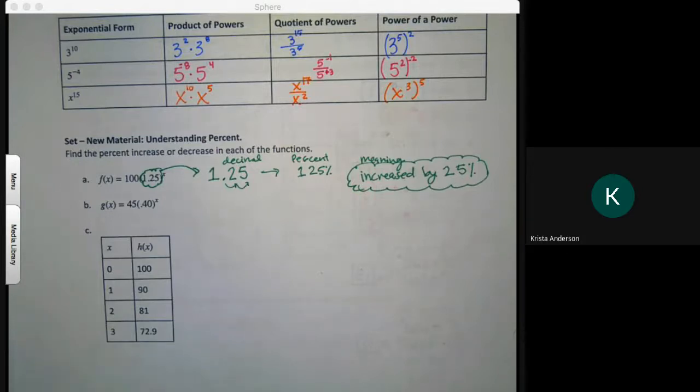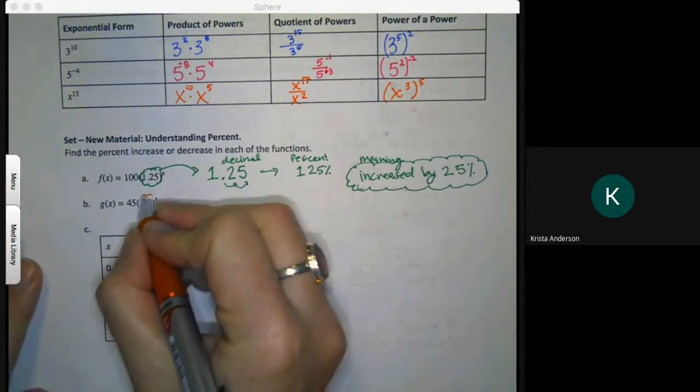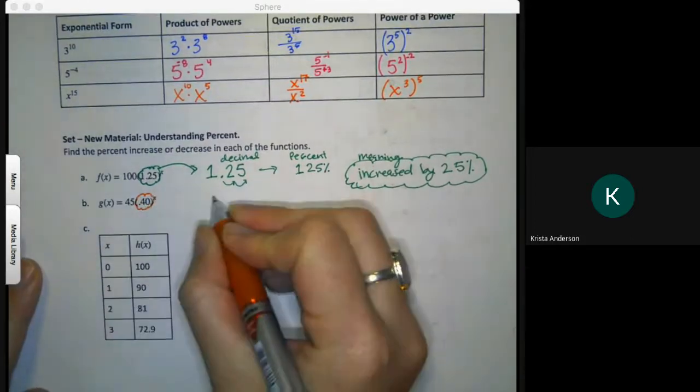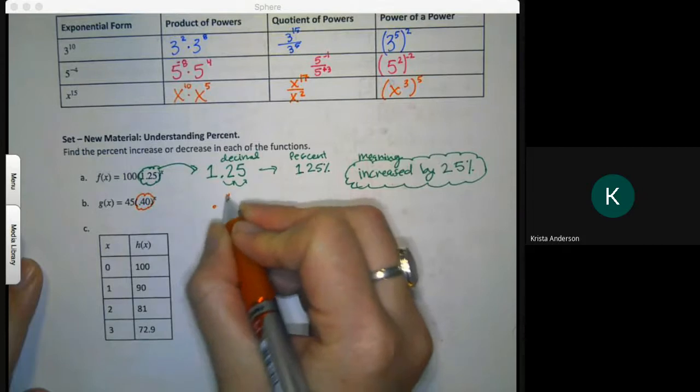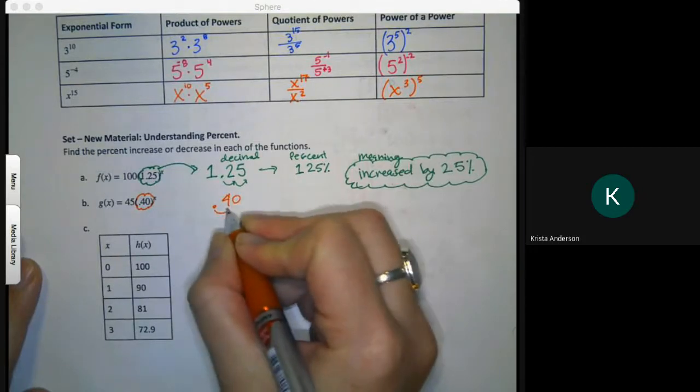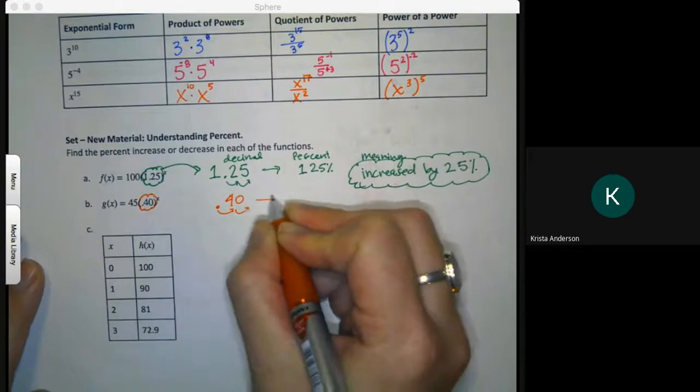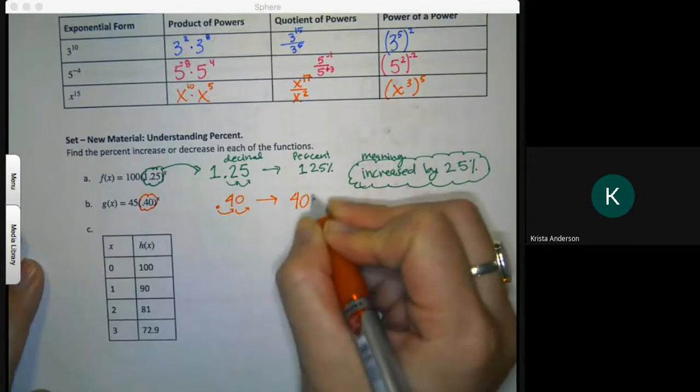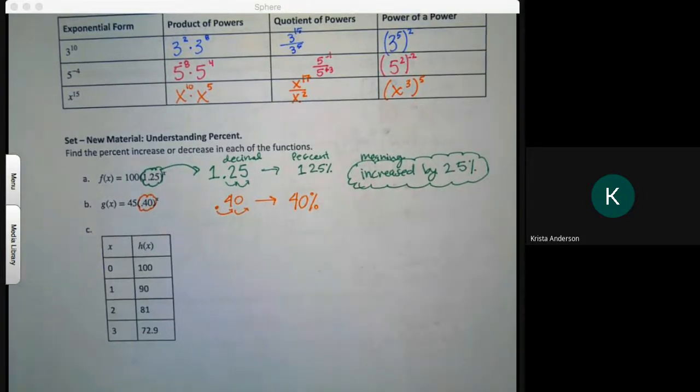For B, I have this decimal. So I'm going to move it, which means I have 40%. What is the meaning of that? Yeah, take a go. What do you think? Decrease is correct.